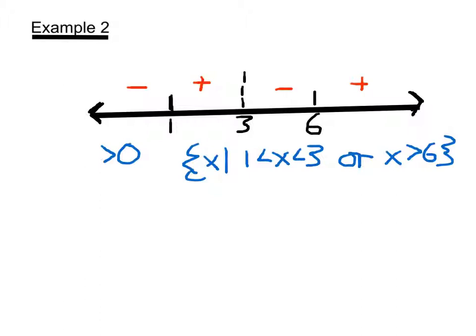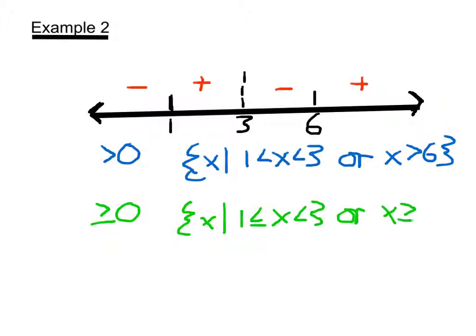If I had included that equal sign at the beginning, that would change things a little bit. Now I would have x such that 1 is less than or equal to x, is less than 3 or x is greater than or equal to 6. Now I put the less than or equal to sign here because this hash mark is solid, which represents that the function is defined at that value of x.